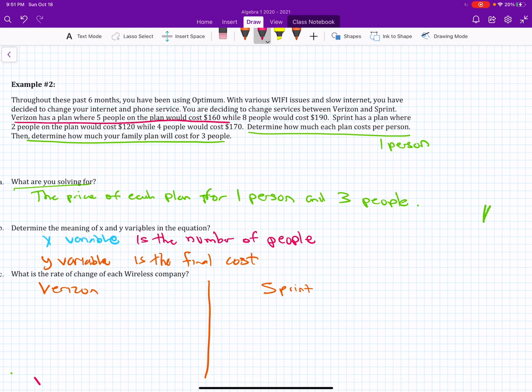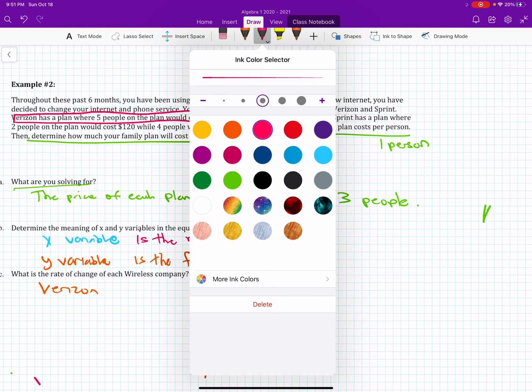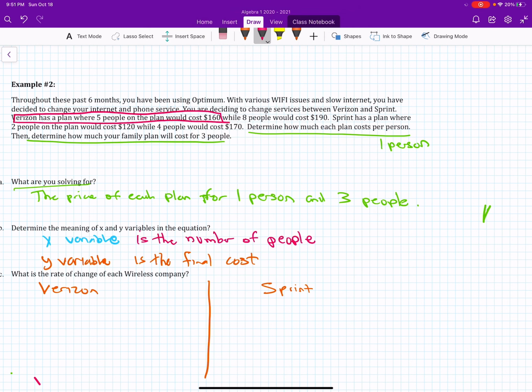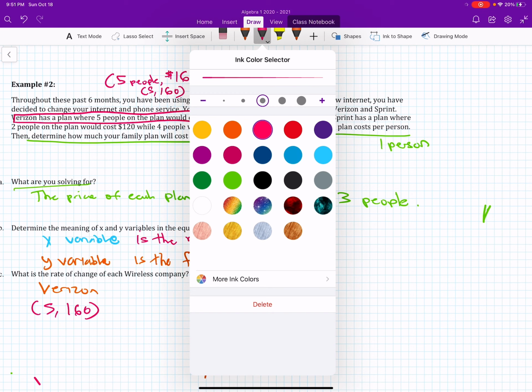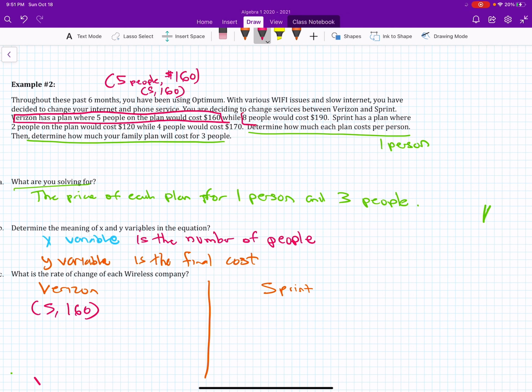So that information right here gives us a point where it's 5 people for $160, or 5,160. Also, 8 people cost $190. So here's another point: 8 people for $190, or 8,190.